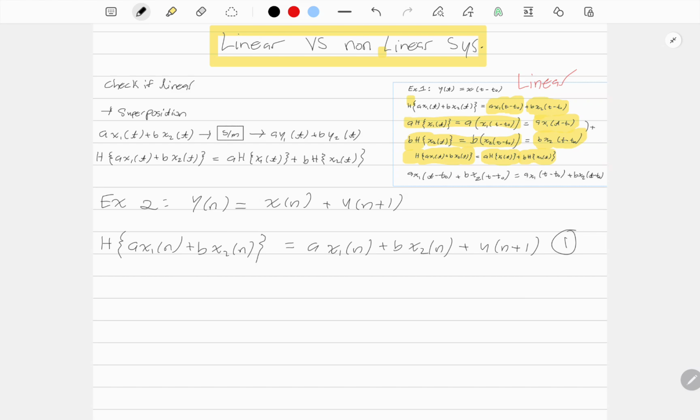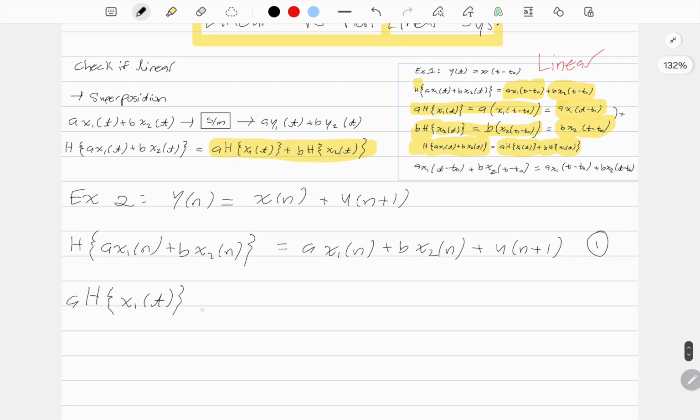Did I say left hand? I can't remember what I said, but this is the left hand side. And let's do the right hand side now. So it's a h of x1 of t, and I'm just going to do it in one line, plus b h of x2 of t.